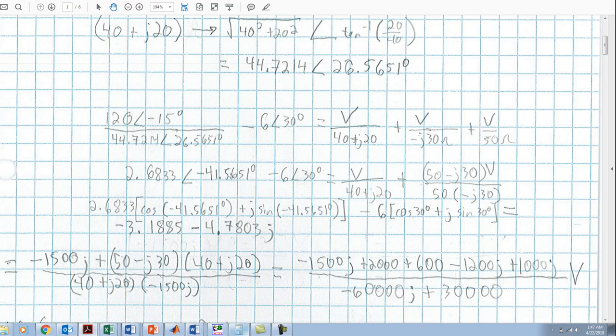So there is the division there, and now we're subtracting off 6 phasor 30 degrees. So what we're going to do is go ahead and expand both of these and do that as you see here. So we have the amplitude times cosine of the angle plus j sine of the angle minus 6 times the cosine of 30 plus j sine of 30.